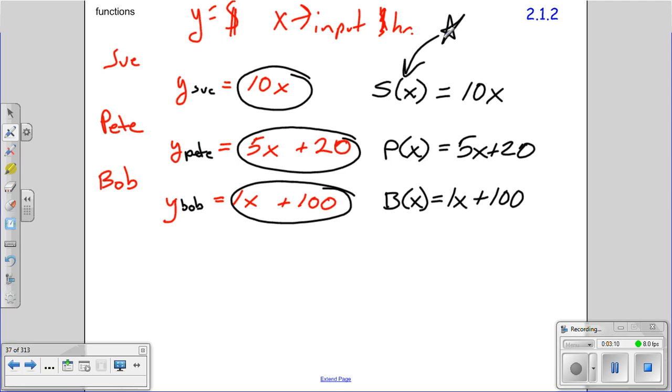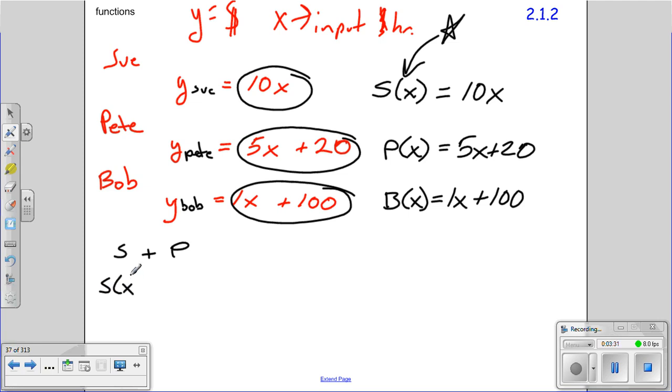Now, let's say I want to figure out how much Sue and Peter made together. Each day is different, but at the end of each day, how can I figure out how much you make together? We simply add Sue's money plus Peter's money. Instead of adding single numbers, we can add whole equations.